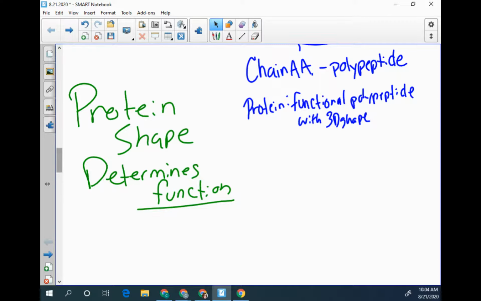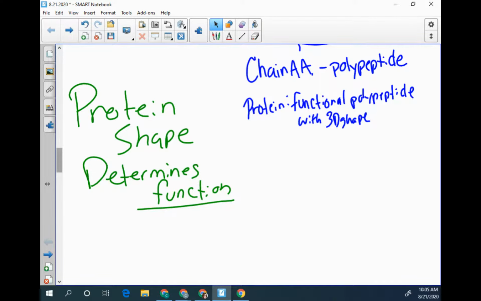Sickle cell anemia is, I think, where you switch one amino acid on the hemoglobin protein. That one amino acid changes the structure so that hemoglobin molecule can't carry oxygen as well as it could if it was completely normal. So, protein shape determines function. I'm writing it twice because I want you to write it twice in that key terms page at the front of your notebooks.